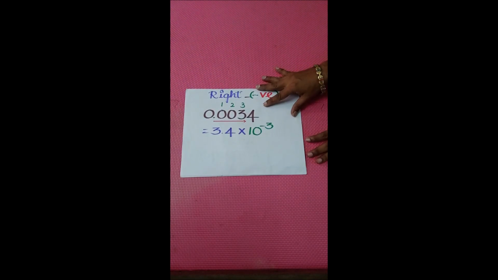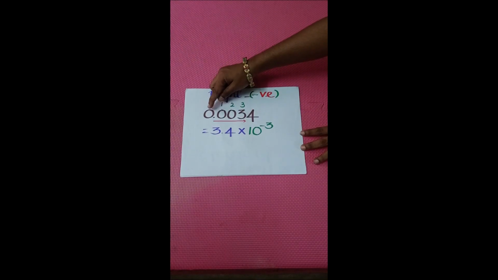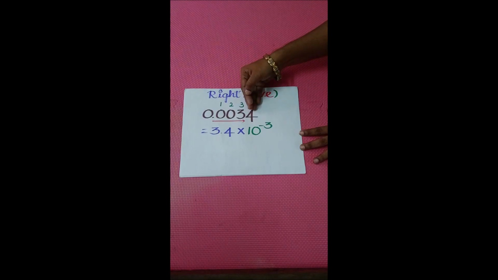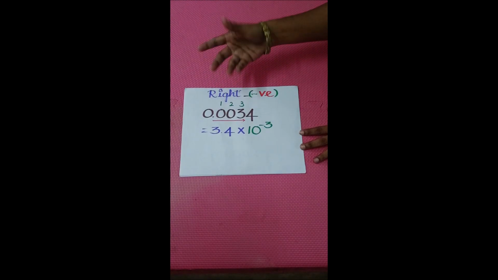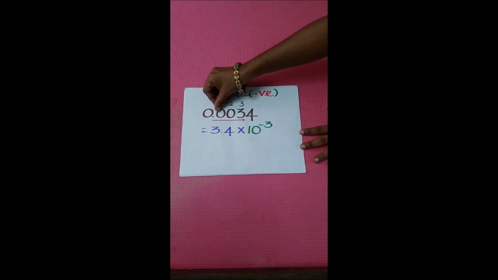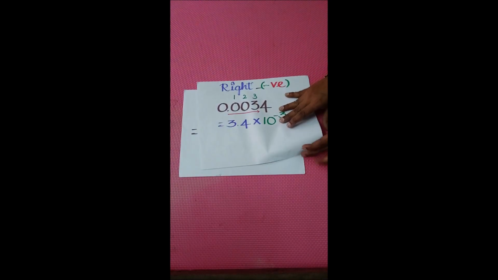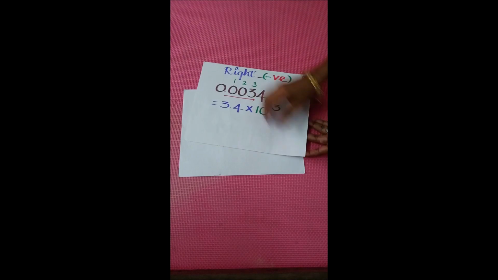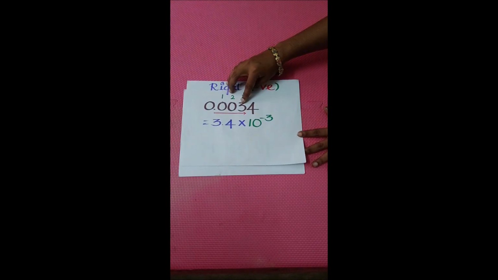So listen here, another example. 0.0034. Now I am moving the decimal point to here, because these are zeros and there is no value for them. The A value must lie between 1 and 10. So where does the value start from? The value starts from here.